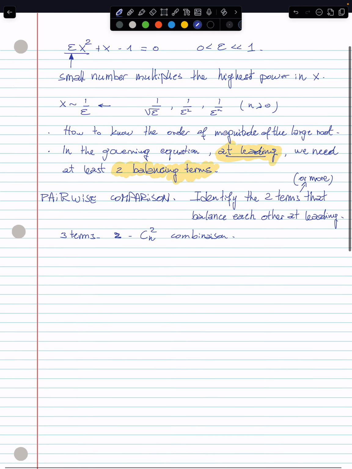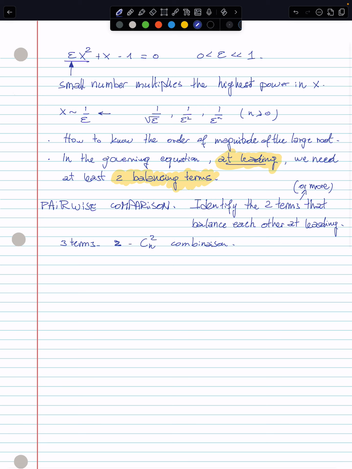When there's only three terms, this is quite easy. We have three options, either epsilon x squared and x, either epsilon x squared and 1, either x and 1. Okay, so we have 3 cases to consider.